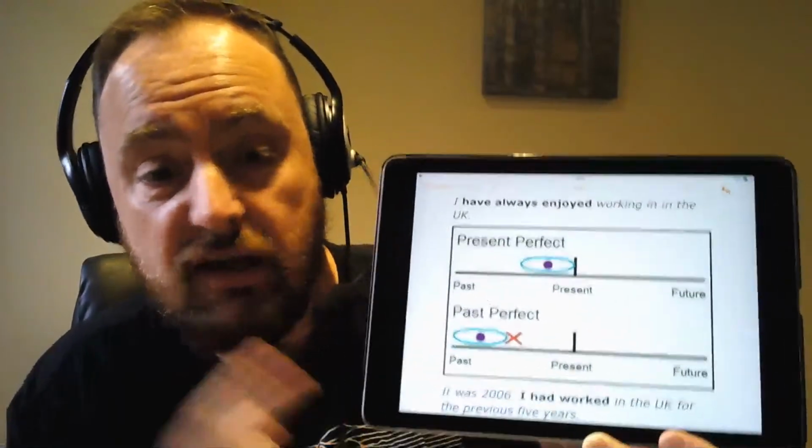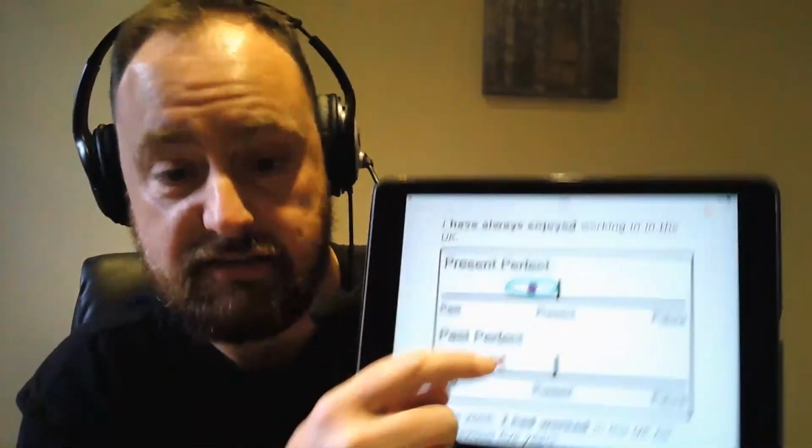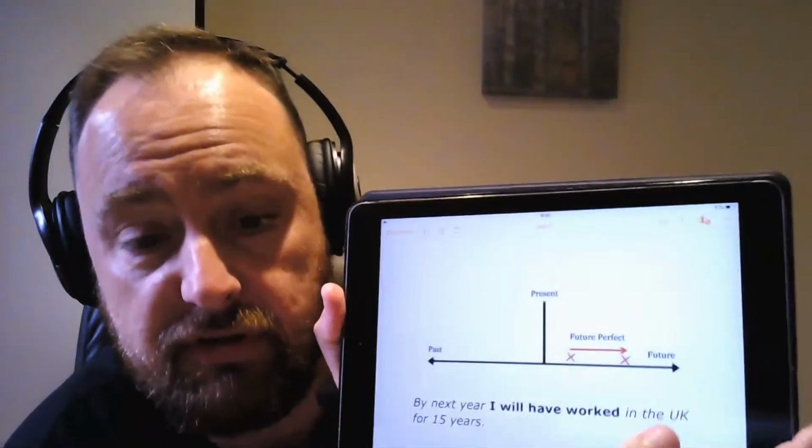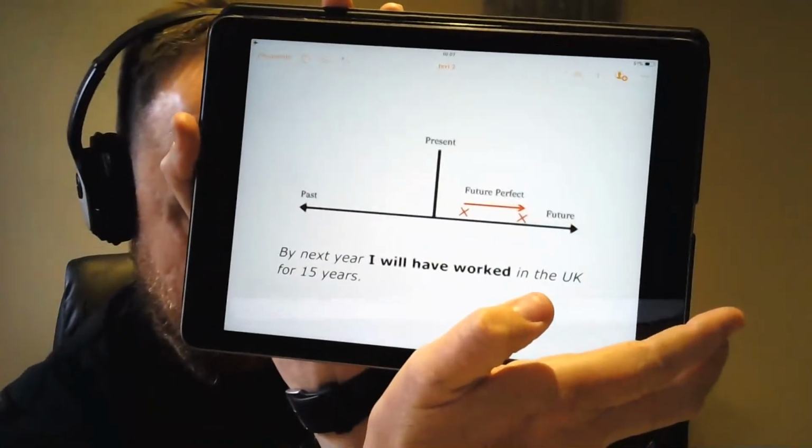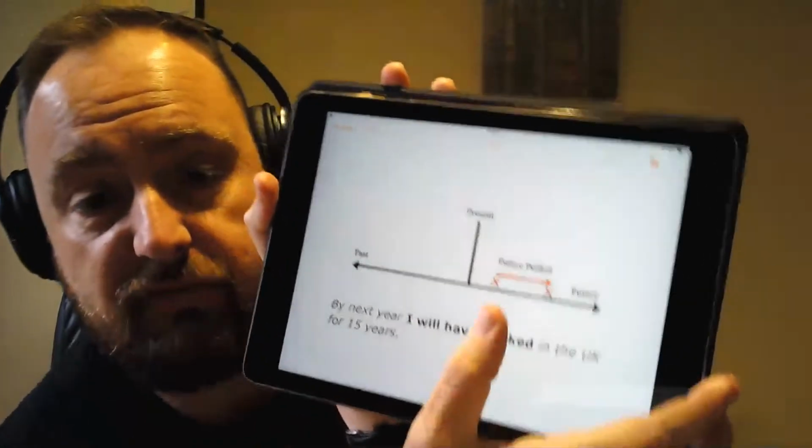Okay, and future perfect is actually quite similar as well, because this idea that we have a point and we're talking about coming to that point is the whole idea of the perfect tenses, or the perfect aspect in English. So if we look at future perfect this time, a slightly different diagram, but we have: by next year, I will have worked in the UK for 15 years.